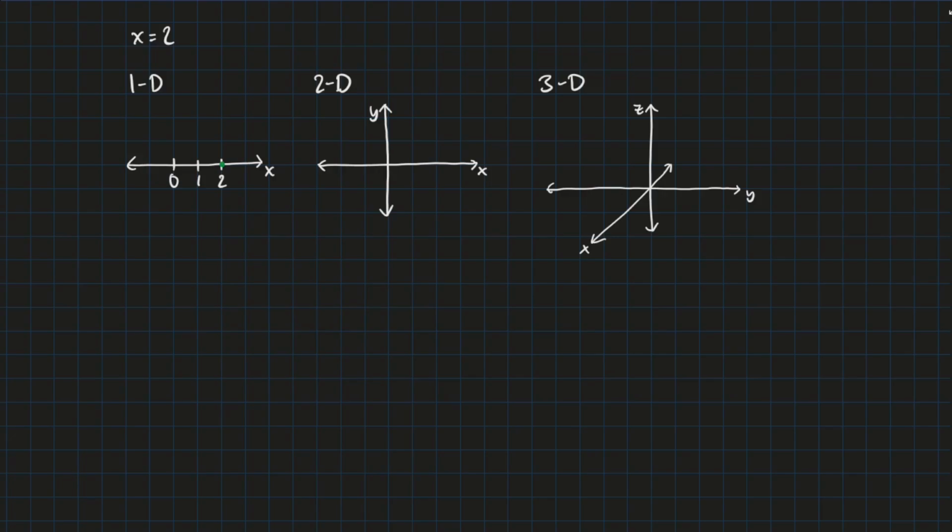In 2 dimensions, if we're asked to plot x equals 2, we'll still go to the right by 2, 1, 2, and this time we would have a line, since y is unrestricted. And in 3 dimensions, since y and z are unrestricted, we go forward. x equals 1, here's x equals 2. And we would have a plane in 3 dimensions.